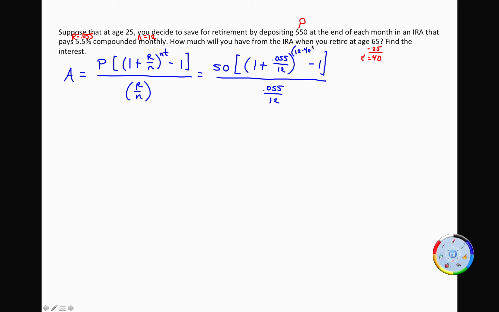Don't forget your parentheses here when you enter it in your calculator. And let's see what our calculator tells us.